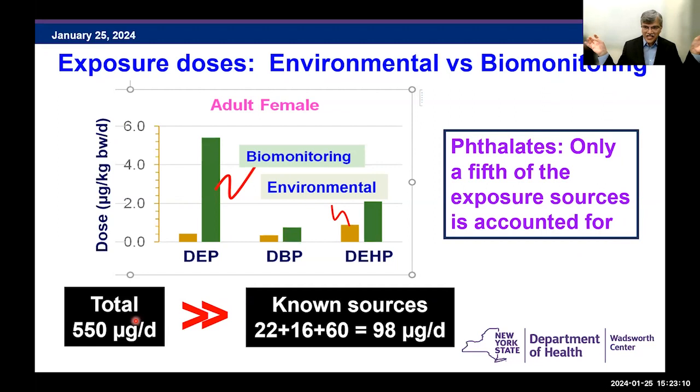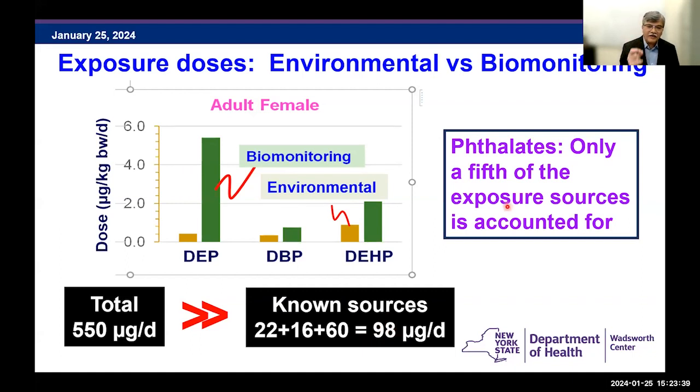So then now you can bring the biomonitoring data and the external exposure data together. What did we find? So based on the urine concentration, I told you that there is 550 microgram of phthalate exposure every day. But the known sources like personal care products, indoor air and dust, and diet combined together account for only 98 microgram.